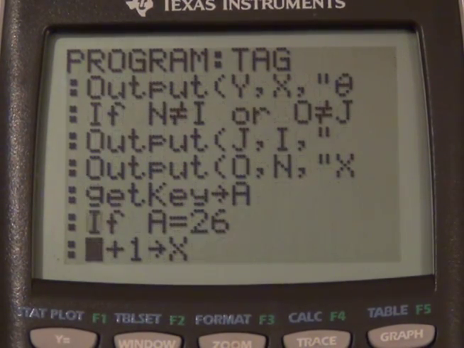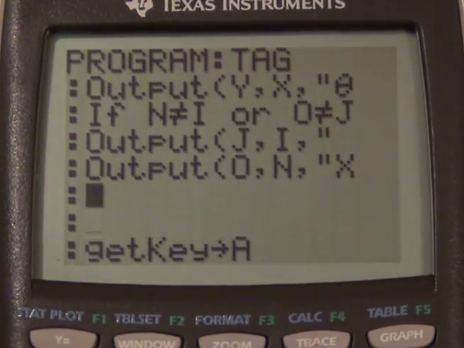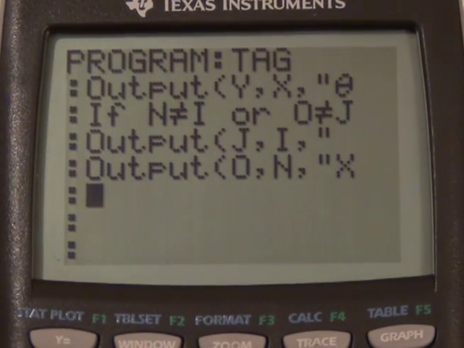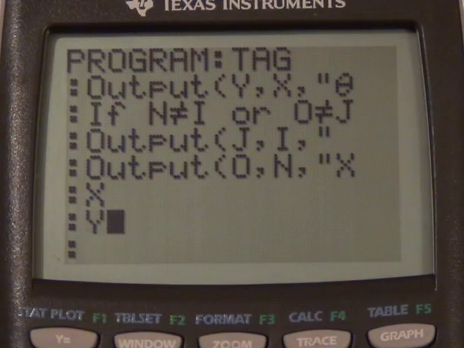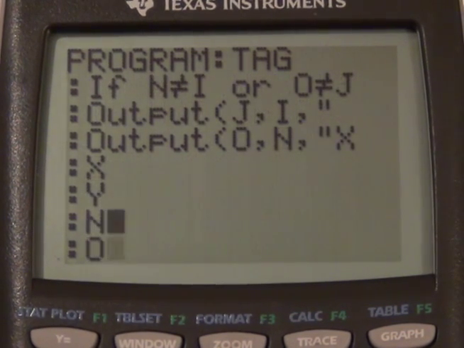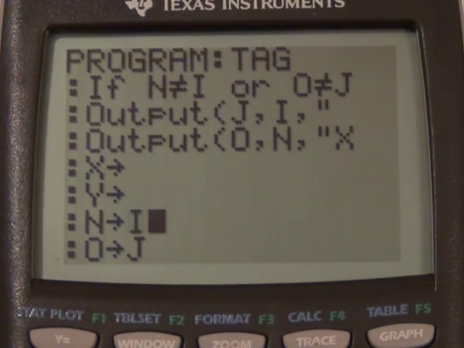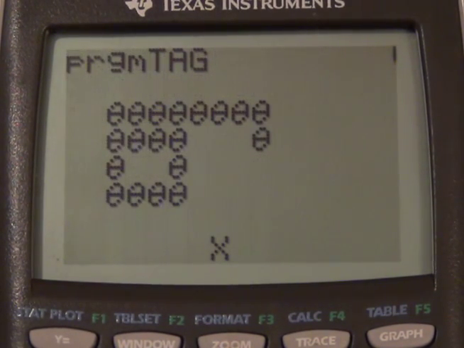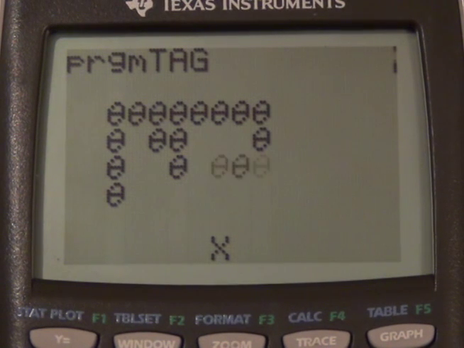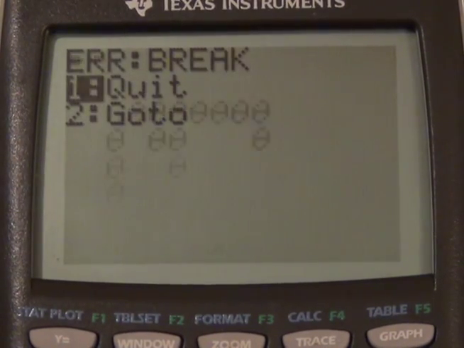So I should have put these under the outputs. Okay, so X and Y, N and O, all these are getting stored as these variables. There we go. So I can move around.